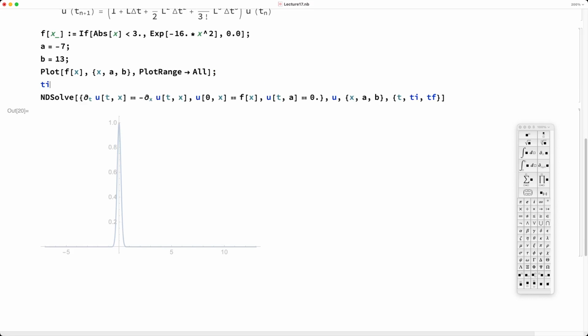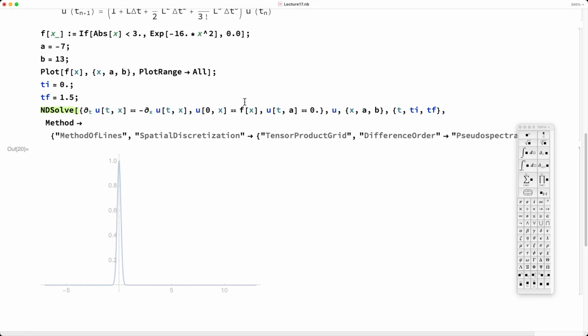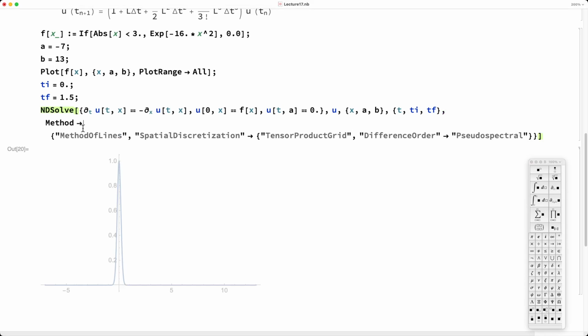Let's say t initial is 0, and let's suppose that t final is 1.5. Okay, and then we really should specify the method. For that, I'm going to use something from the tutorial I just described.